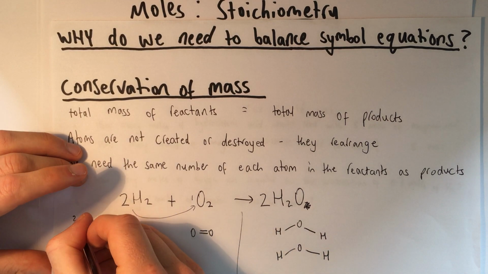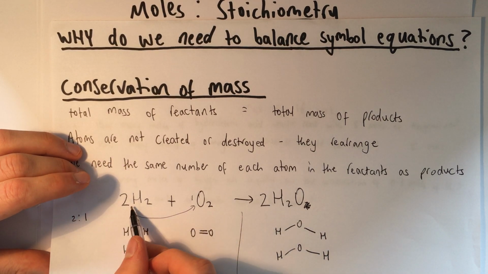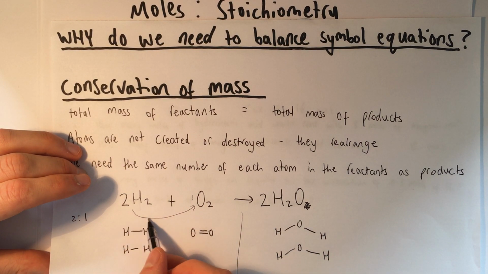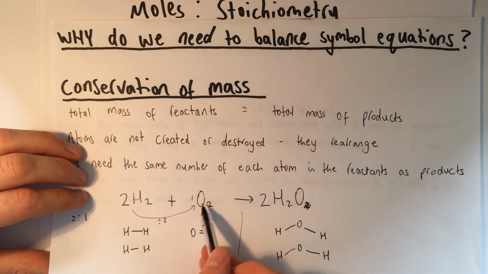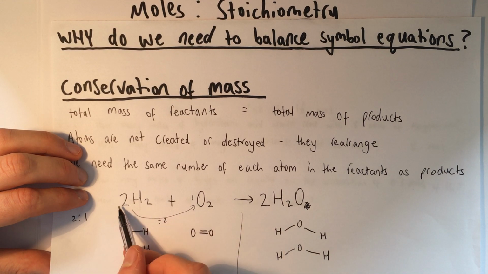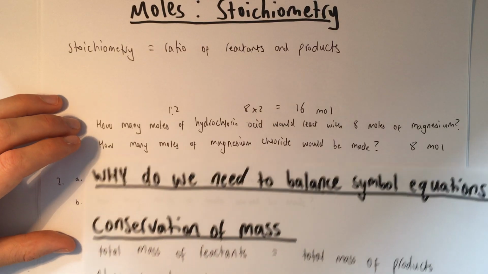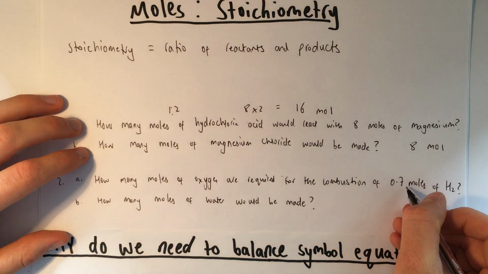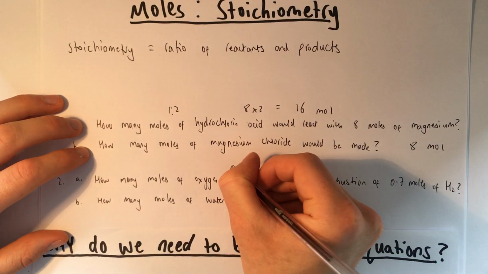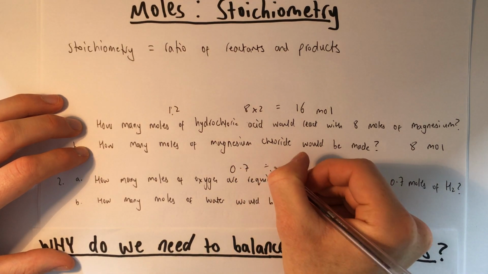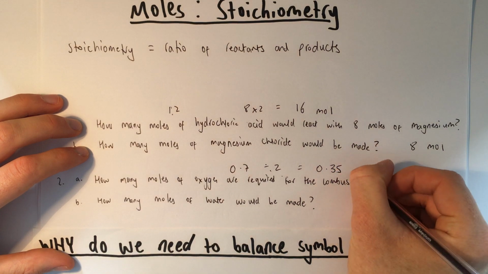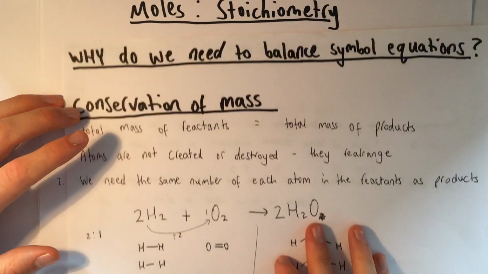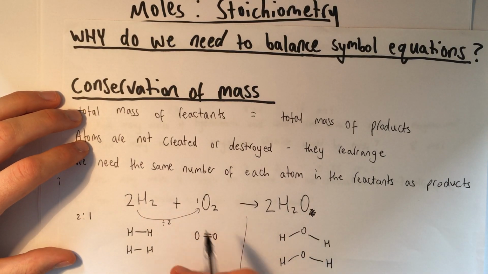So we've got a 2-to-1 ratio, and we've got to divide by 2 the number of moles of hydrogen to tell us the number of moles of oxygen, because 2 divided by 2 is 1. So therefore, if there's 0.7 moles of hydrogen, we've got to do 0.7 divided by 2. So that's 0.35 moles of oxygen that's required.